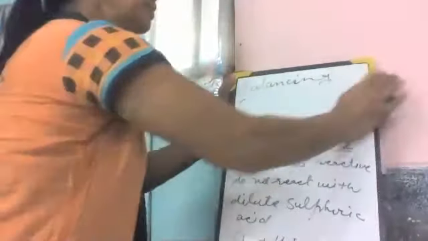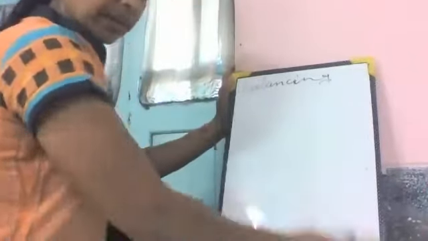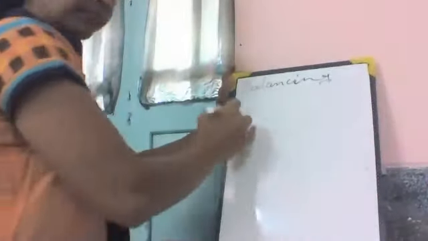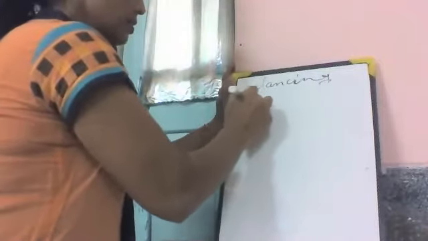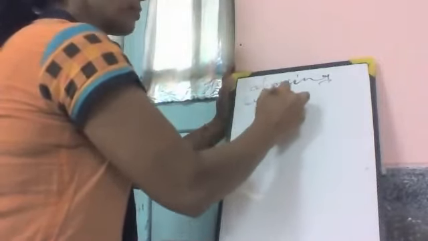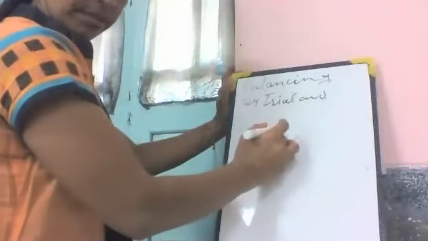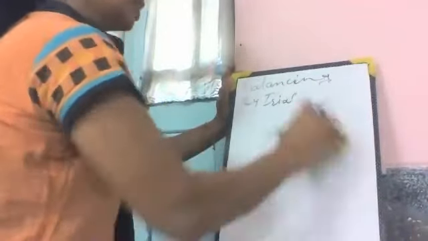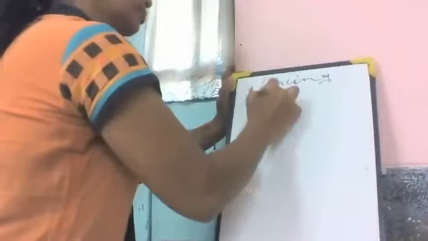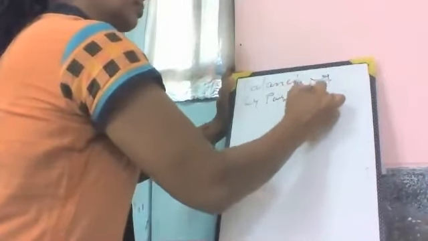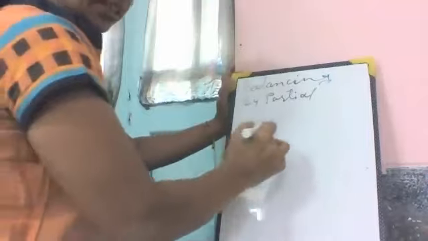So we can balance the equation by the partial equation method. Now the topic is balancing chemical equations by hit and trial and by the partial equation method.